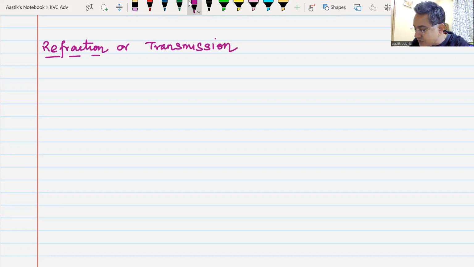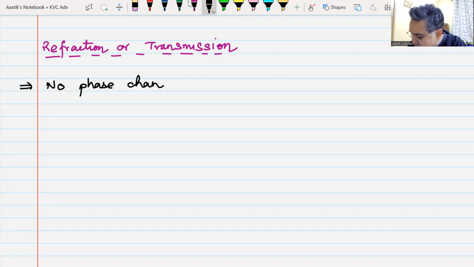Whether the refraction is happening from a rarer medium to a denser medium, or from a denser medium to a rarer medium, there is no phase change. There is no phase change, but the medium changes.